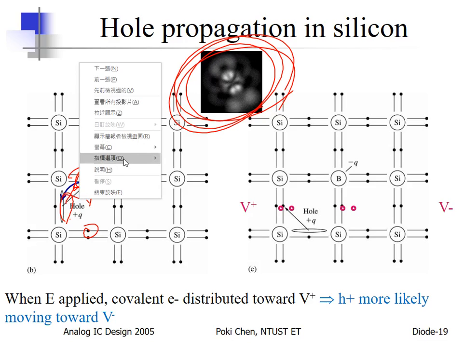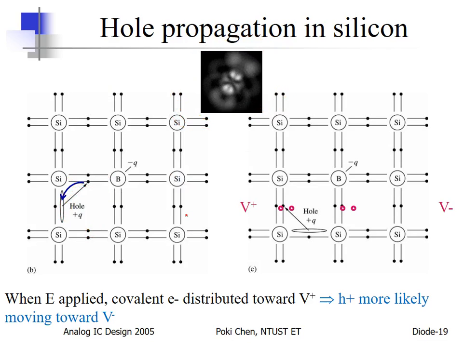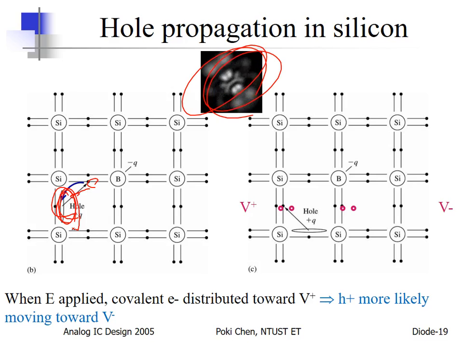Bingo. According to such a probability distribution, sometimes the electron will go much closer to the hole. Congratulations. You will say, hey, there is an empty seat, I would like to sit here. What will happen? This one will fill the empty seat here and leave the hole there, right?